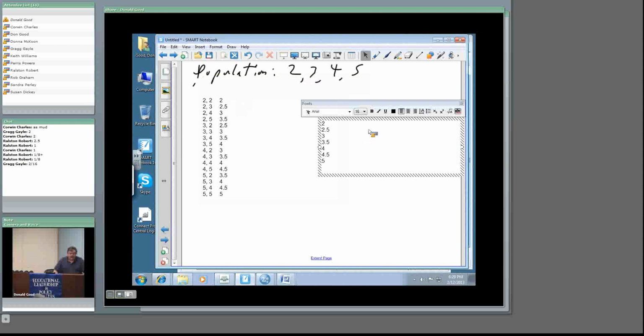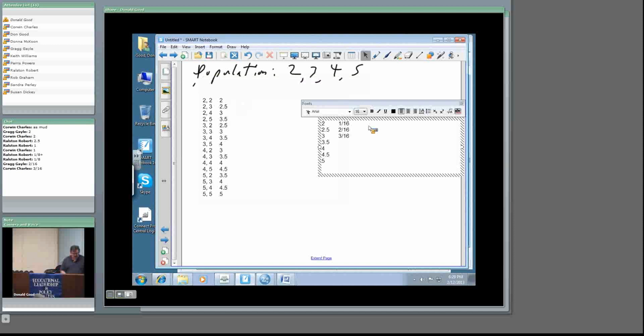So how many of those out of 16 are 2s? Just 1. So 1 out of 16. And how many of those are 2.5s? 2 out of 16. 3s, there are 3 of them. 3 out of 16.